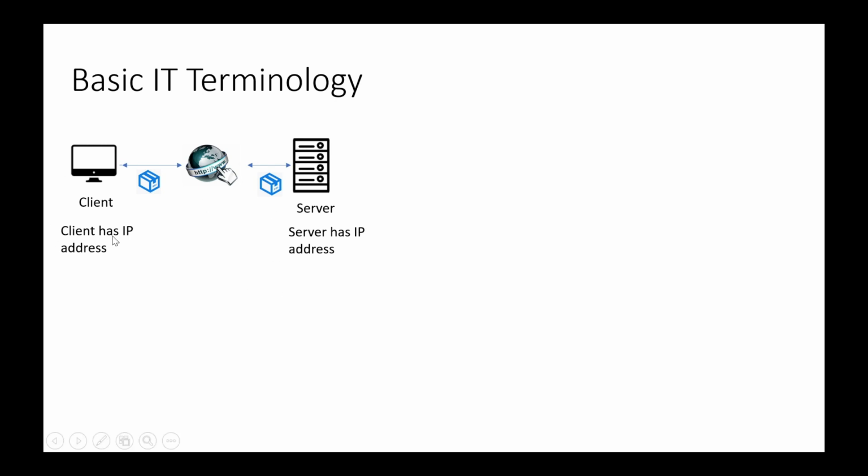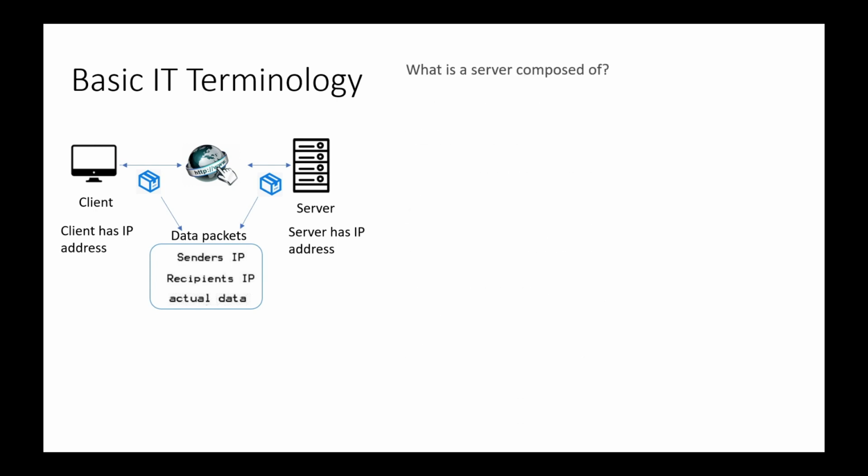So these IP addresses are similar to that, and these packets are similar to that in the IT world. A packet has a sender's IP, a recipient IP, and the actual data. Based on that, it identifies the machines individually and responds back properly. And we have been speaking a lot about servers.